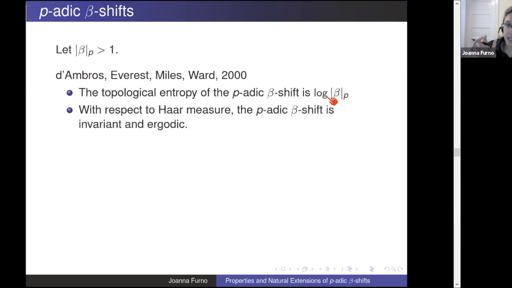Kind of like the integer beta shift, your p-adic shift is going to preserve Haar measure, which is what you should think of as the analog of Lebesgue measure. It's the translation invariant measure on your space. And it's ergodic.